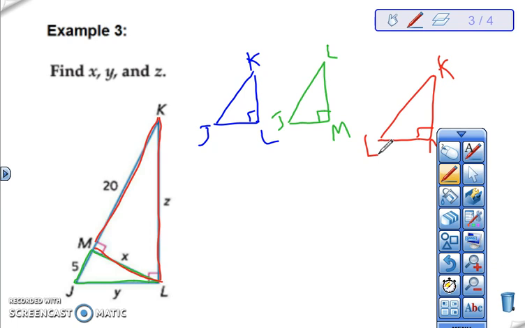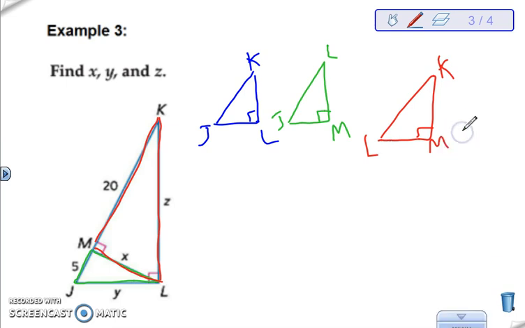The last piece of this puzzle is to fill in the values for each side length. From J to L, you should have a Y. From J to K, I've got two parts, a 20 and a 5, so if I want to go all the way across, it's 25.